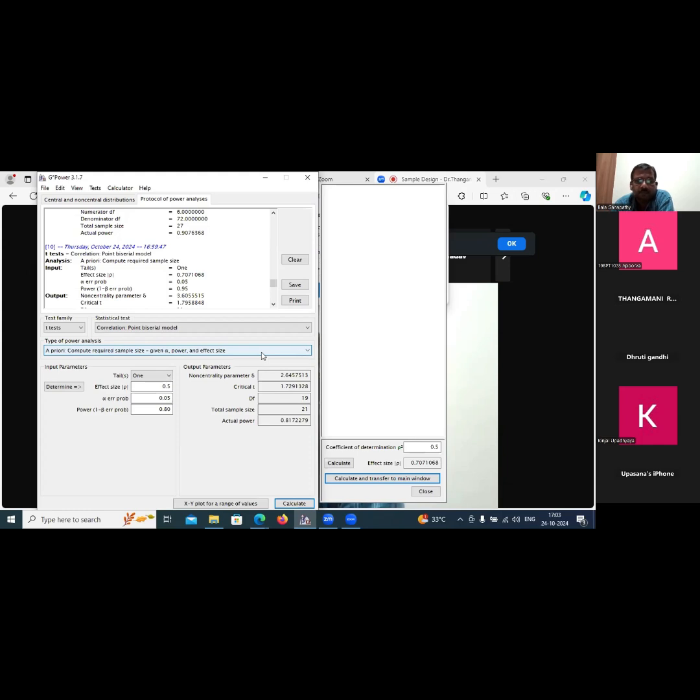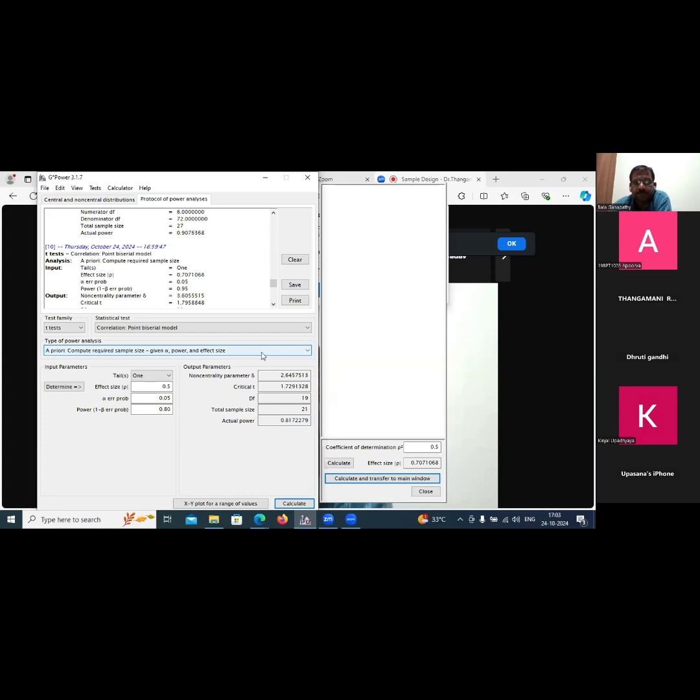For example, I am doing ultrasound, and measuring pain, disability, and patient satisfaction. The one closest to ultrasound is pain, so pain is my primary outcome measure. Secondary outcome measures are patient satisfaction and disability. So you have to calculate a sample size only for pain. No need to do it for the other two outcome measures.